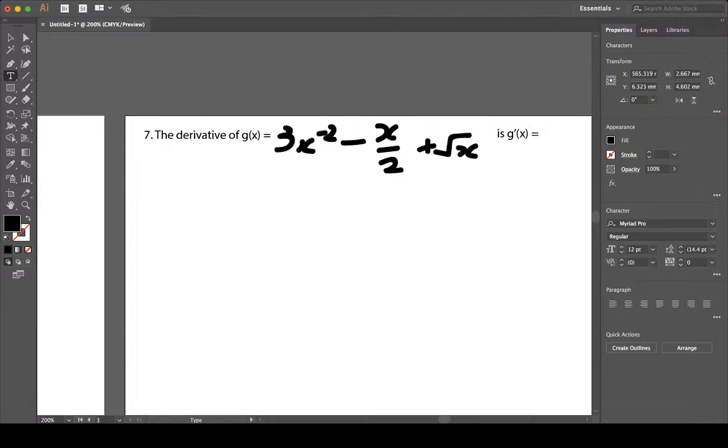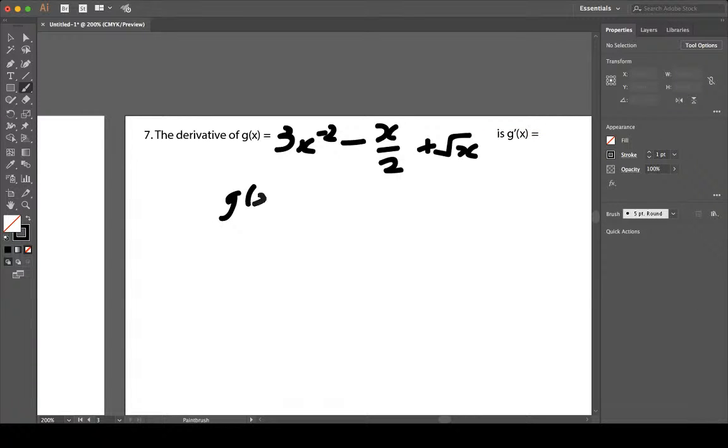Well, this thing is also the same. But let's first actually just transform them all. So g of x here would equal to 3x to the power of negative 2 minus x over 2 plus x to the power of half.